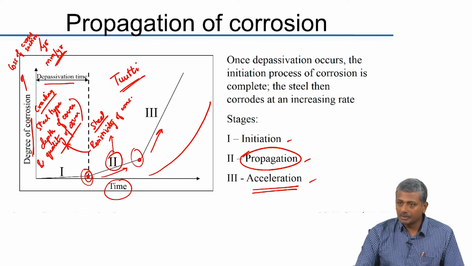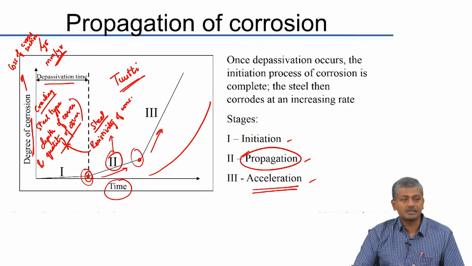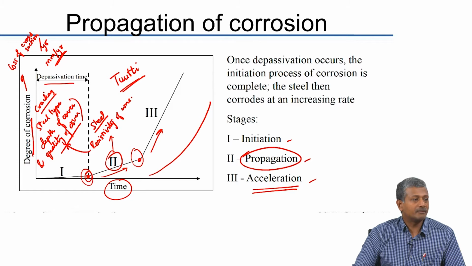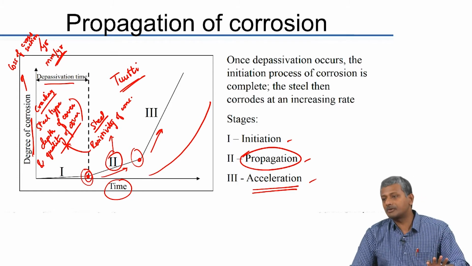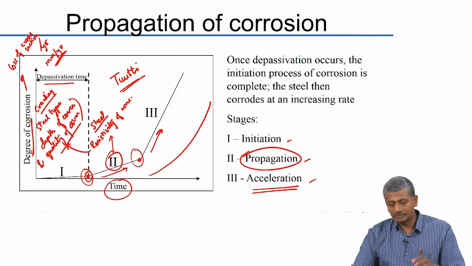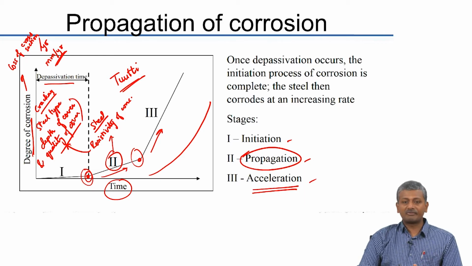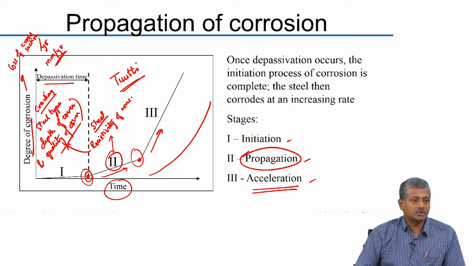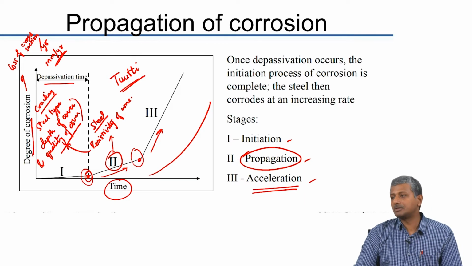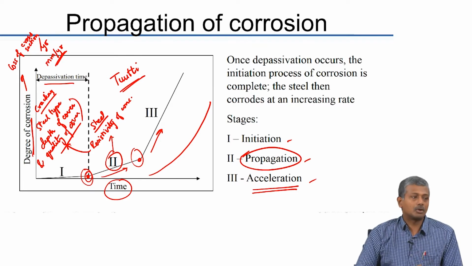So that means your ingress of aggressive species will be getting slowed down when you have certain types of corrosion inhibitors in the system. Okay. So all those factors can affect the kind of cover concrete that you actually have. So most critical parameter that determines the rate of corrosion of your steel is still the cover concrete quality.